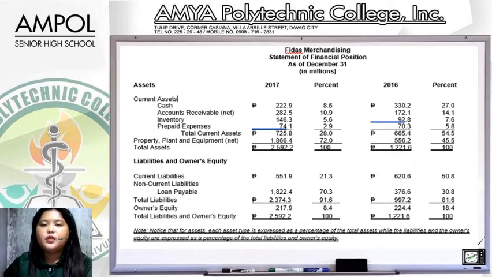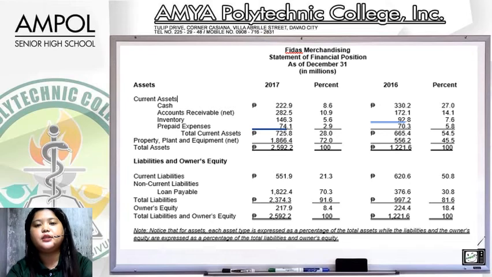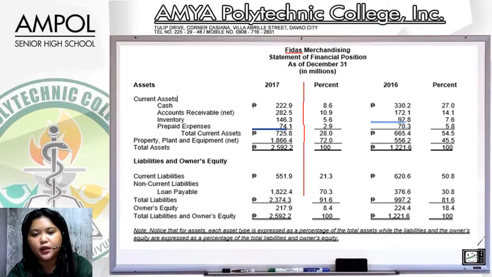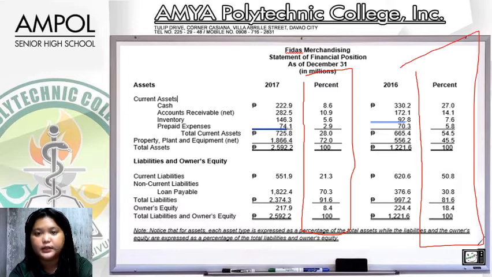Next. Here, we have already shown you 2017, and this is the percent equivalent. The same with 2016, and this is the percentage equivalent.